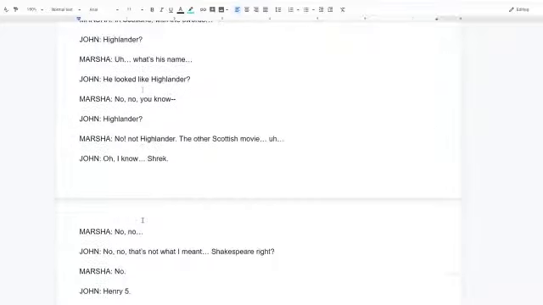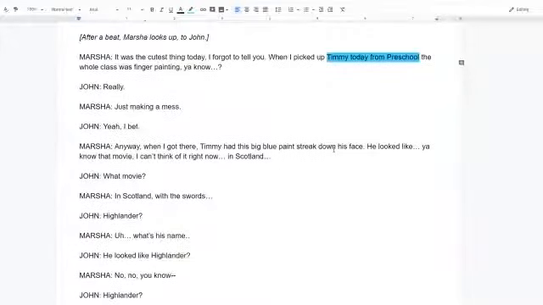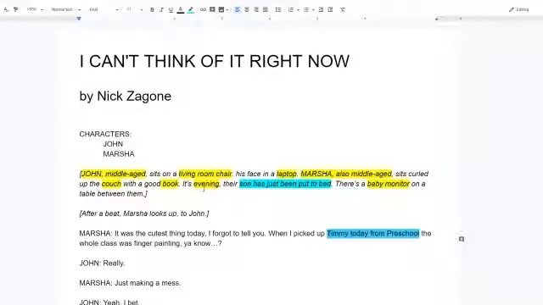You're thinking about how their interaction is. You're thinking about where the furniture is on stage in relation to the two actors. Is there a coffee table? Are there bookshelves? We know that Marcia is curled up on the couch with a good book.